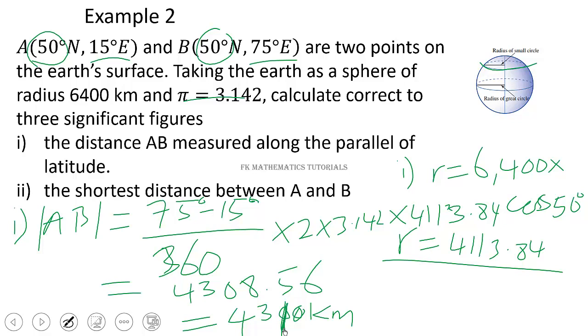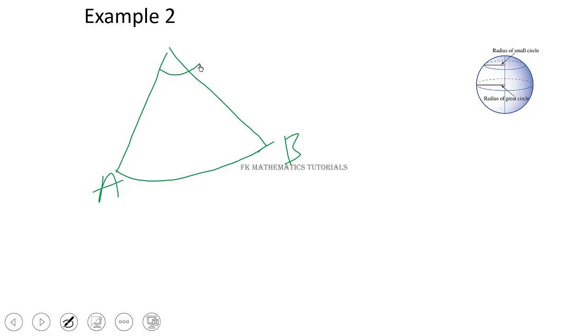We are also asked to find the shortest distance between A and B. So that shortest distance is a distance that goes through the Earth. So this is A and this is B. So we have the angle here to be 60 degrees. Now, the shortest distance is the length of this chord that is here.